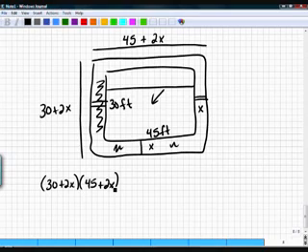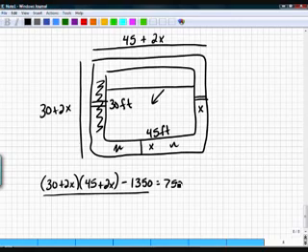It's 30 plus 2x times 45 plus 2x. But you don't want to submit the whole thing. You want to subtract off the middle, which will be what? How do you find the area of the middle? Yeah, 30 times 45, which is 1350. And we want it to equal how many square feet? Because, again, this is what we're going to submit.